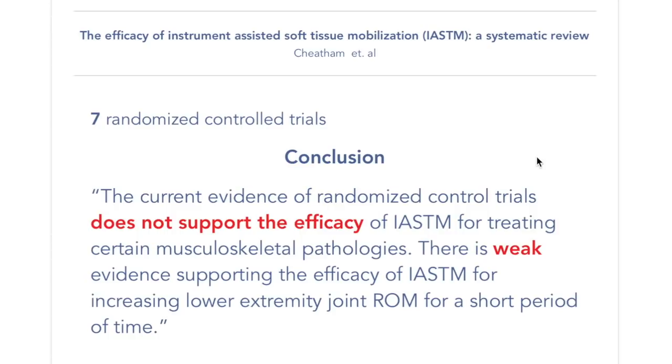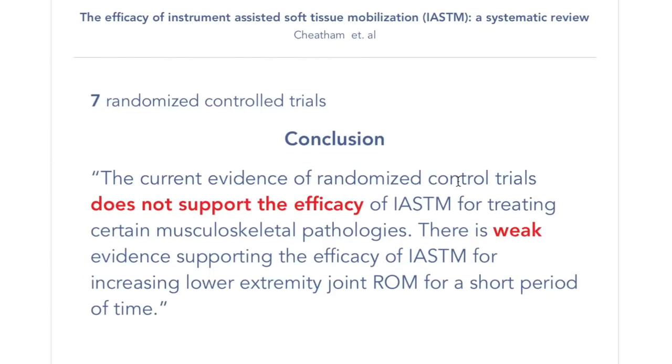Their conclusion is that the current evidence of randomized controlled trials does not support the efficacy of IASTM for treating certain musculoskeletal pathologies. There is weak evidence supporting the efficacy of IASTM for increasing lower extremity joint range of motion for a short period of time.